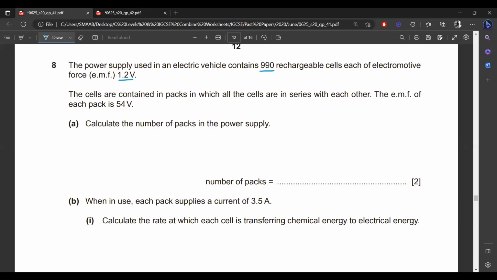And the cells are contained in packs, in which all of the cells are in series with each other. So now this is a particular concept which is not included in your theoretical concept. That is a special case which is just designed for this question. So basically the cells are contained in a pack with all cells connected in series with each other.